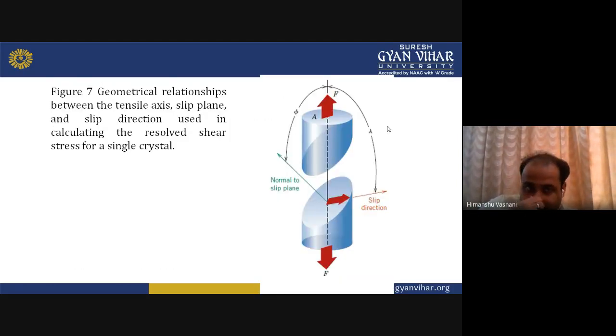In the figure you can see the geometric relationship between the tensile axis, slip plane and slip direction, used for calculating the resolved shear stress for a single crystal. Here you can easily understand the slip direction and the normal to the slip plane. In the center, you see how the force is coming and the angles phi and lambda. So you can easily study that.